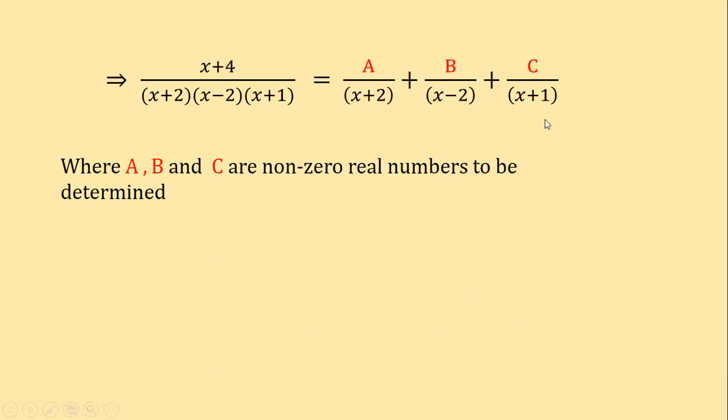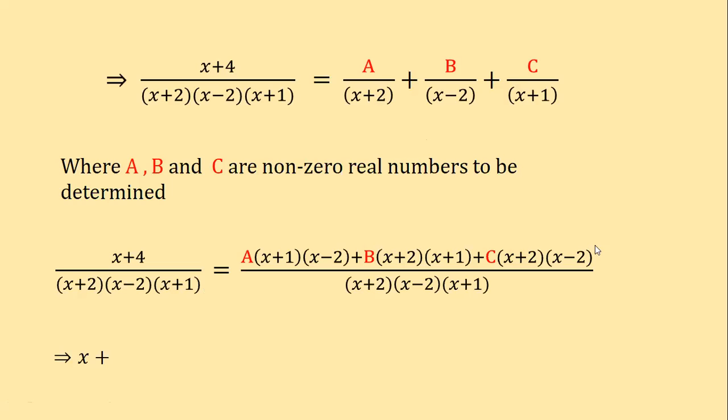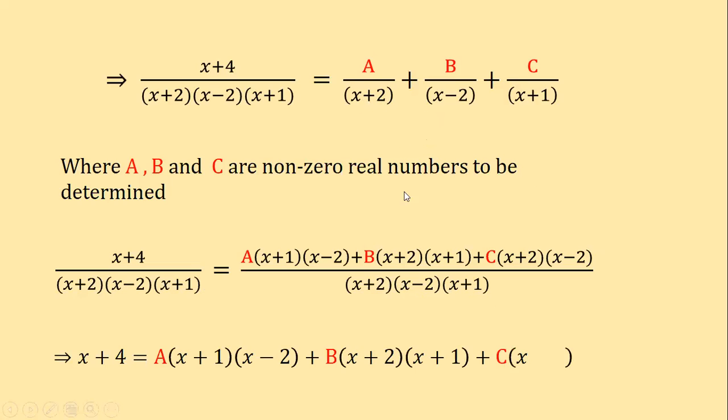Let us take the LCM in the RHS. (x plus 4) by (x plus 2) into (x minus 2) into (x plus 1) is equal to, what is here, children? (x plus 2) into (x minus 2) into (x plus 1), which is our LCM. Here a by (x plus 2) is there, so I am multiplying with a into (x plus 1) into (x minus 2). Plus b by (x minus 2) is there, so that b should be multiplied with the other two factors, (x plus 2) into (x plus 1).